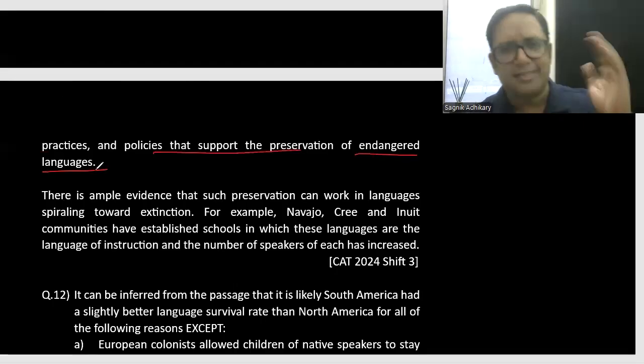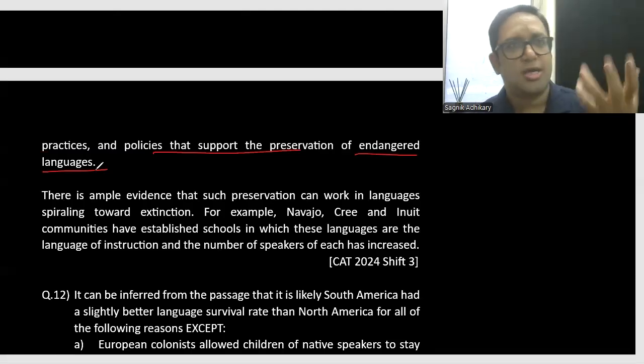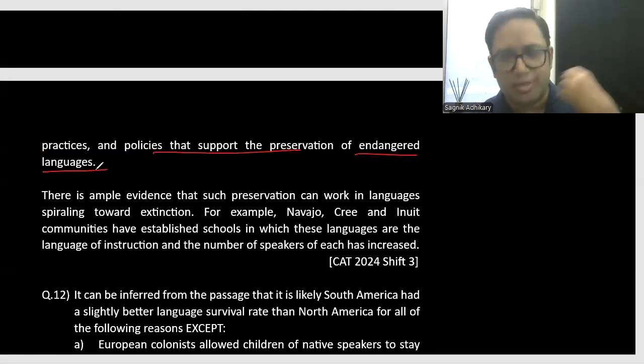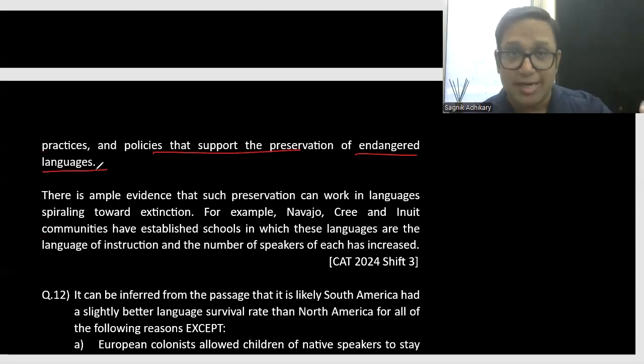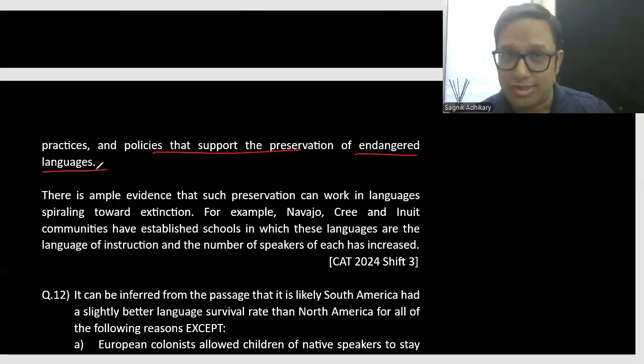So even in this case, the students who've been trained in liberal arts would not go to such extremes as educators to even go to some exotic and remote area to protect some language which is endangered.